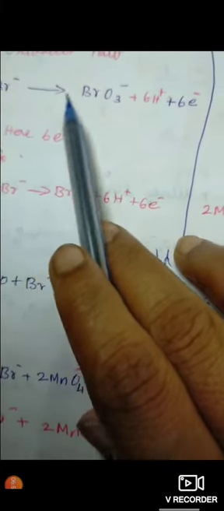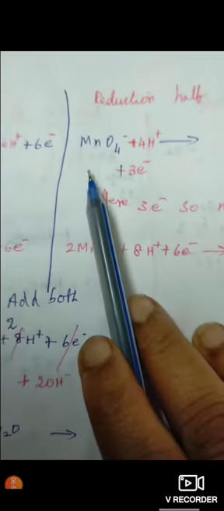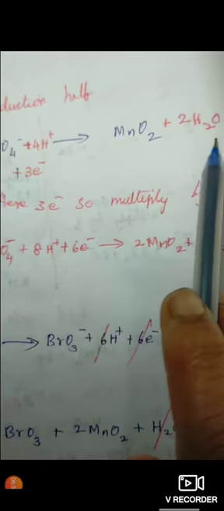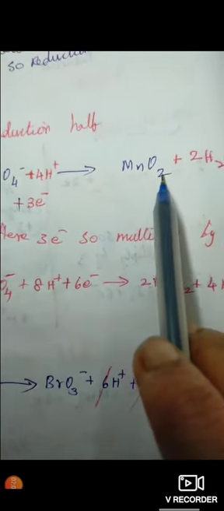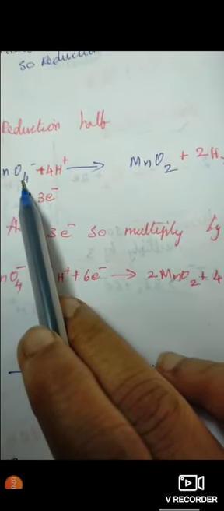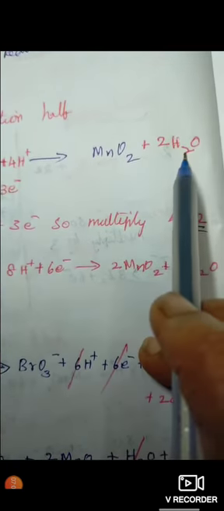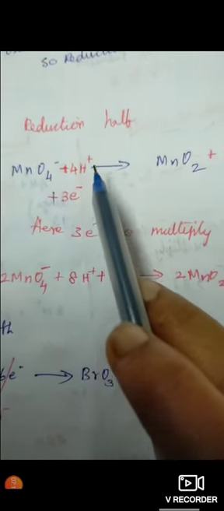Oxidation, reduction. Oxidation of Br minus to BrO3 minus. MnO4 minus to MnO2. So 2 hydrogens are there. Here 2 oxygens, here 4 oxygens are there. So to compensate, 2 water molecules we have written. So 4 H plus ions. Charge is 4 plus and minus 1, so plus 3.